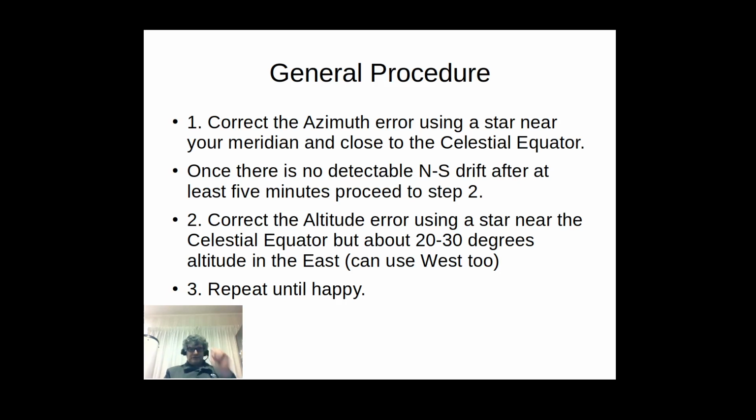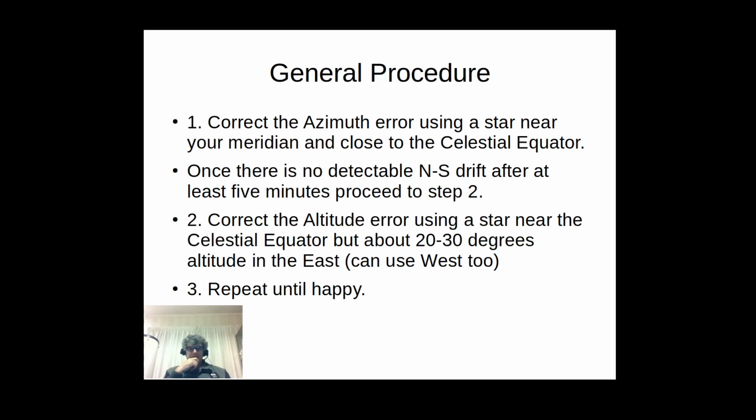So we've started off with a nice level mount. The first thing we want to do is correct the azimuth. There will be an error in the azimuth pointing of the mount. It may not be aimed truly south, it might be a bit off. So we fix that first until there's no detectable north-south drift. And I'll explain that a bit further.